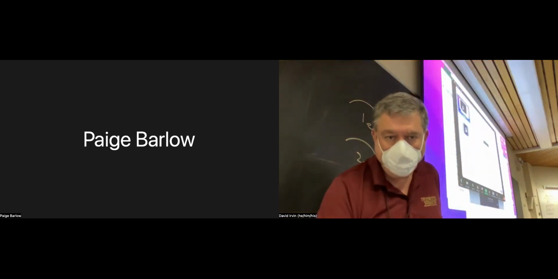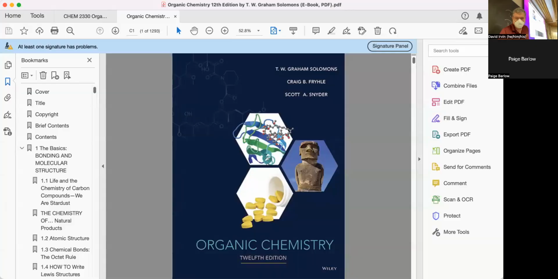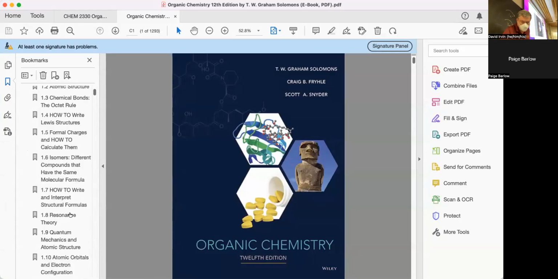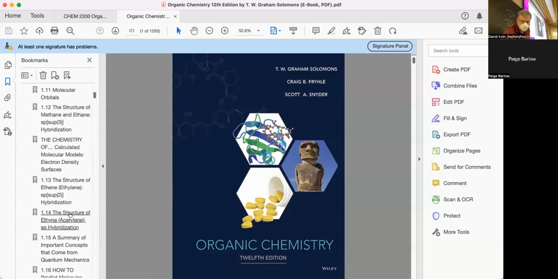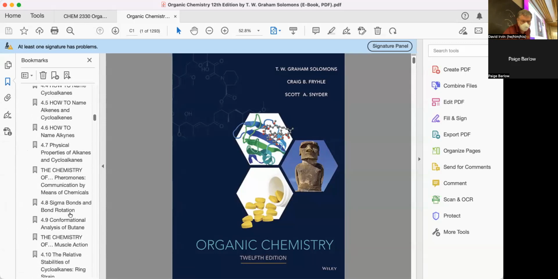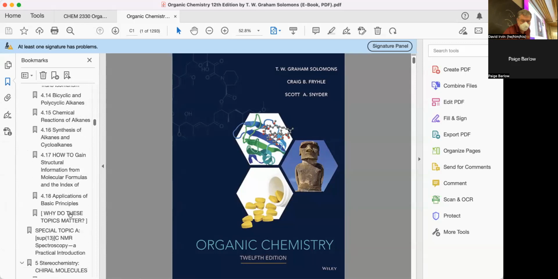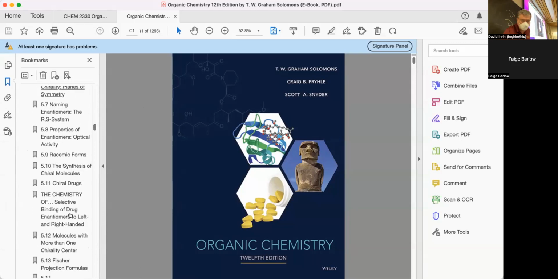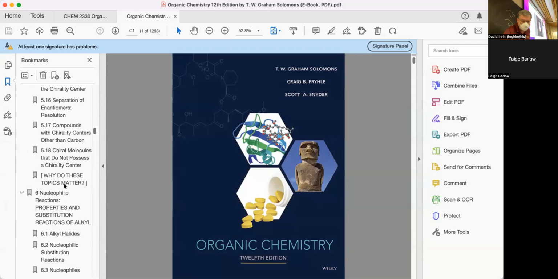Zoom, share screen. Right here. If we go to chapter, let's start with chapter 5. I don't know where I got this copy of the book, by the way.